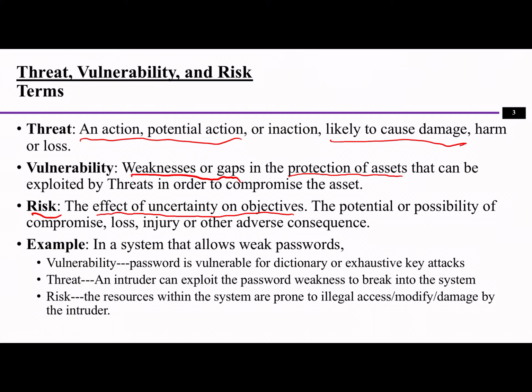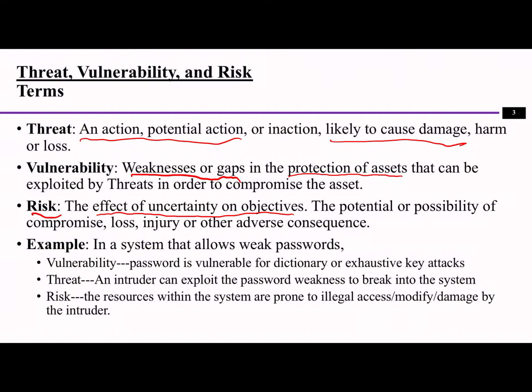And this is an example. Take a system that allows weak passwords. In this case, the vulnerability is that the password is vulnerable to dictionary or exhaustive key attacks. How do we describe the threat? The threat comes from the action: an intruder can exploit the password weakness to break into the system.